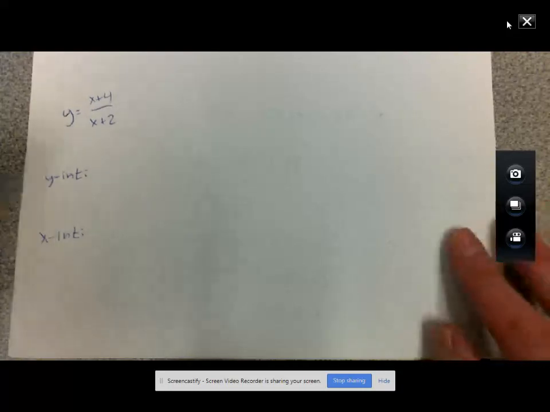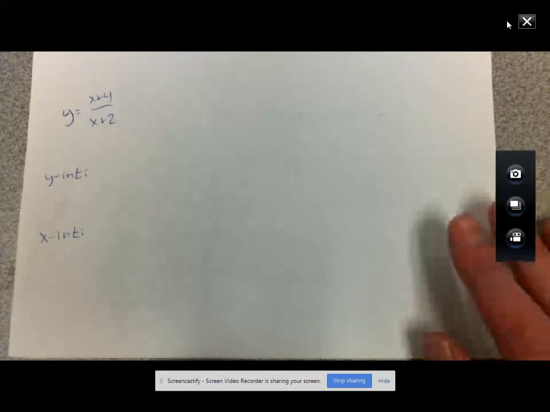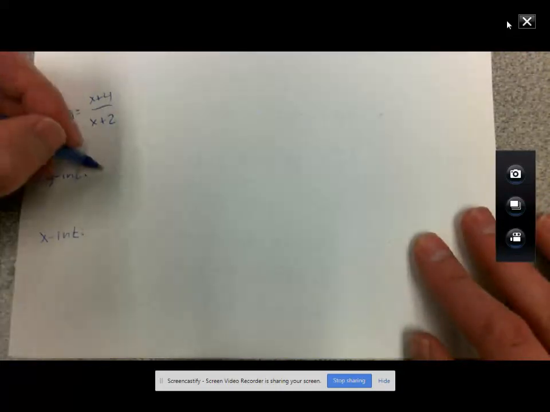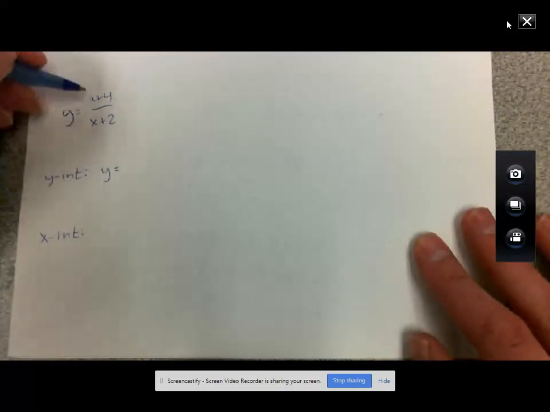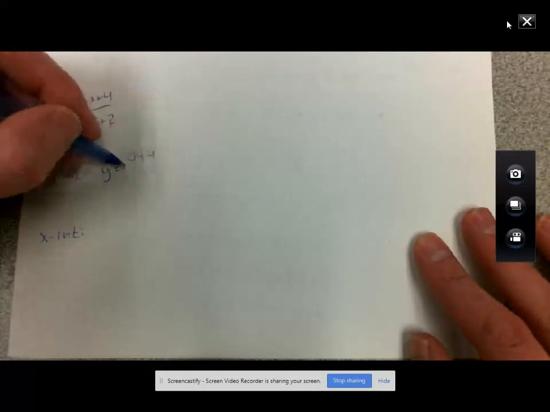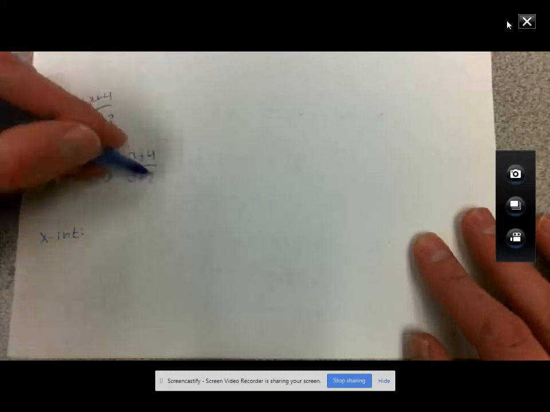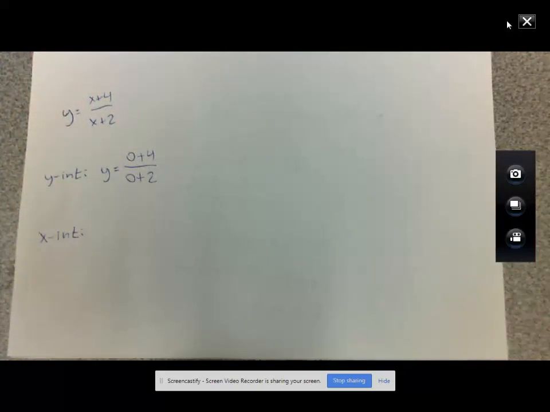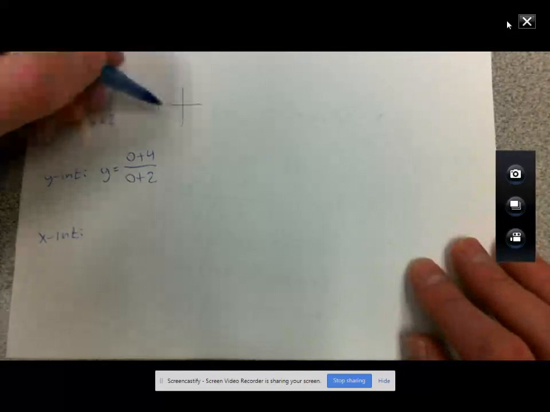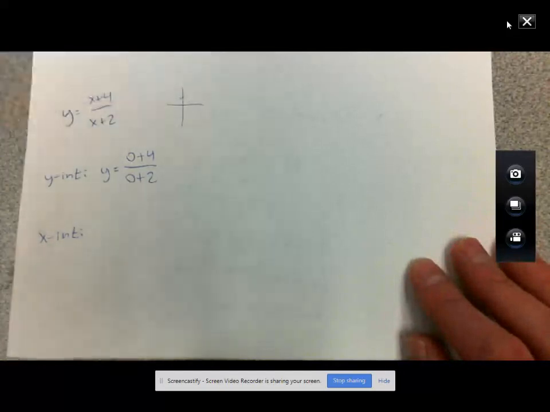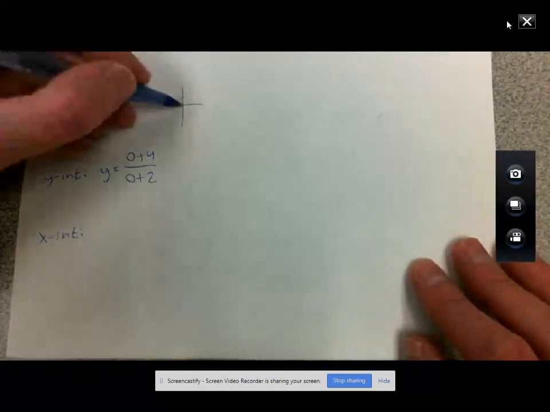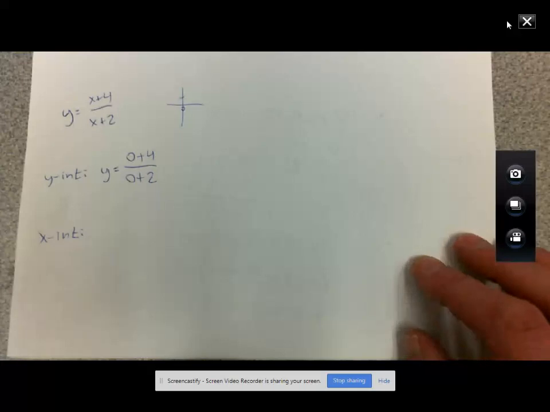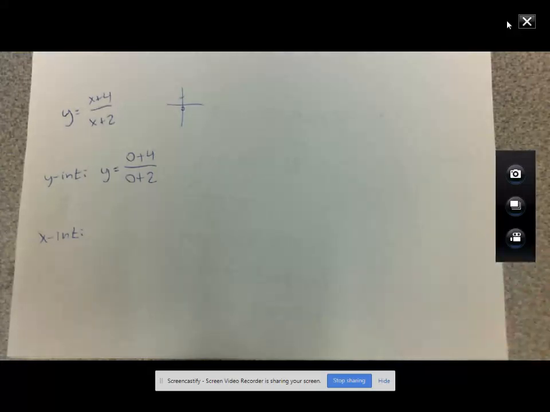If we want to find the y-intercept of any function, we want to keep y as it is and set x to 0. Because the y-intercept is always going to be right on the x equals 0 point. Since the graph crosses the y-axis at some point, x will always be 0 where that y-axis is.